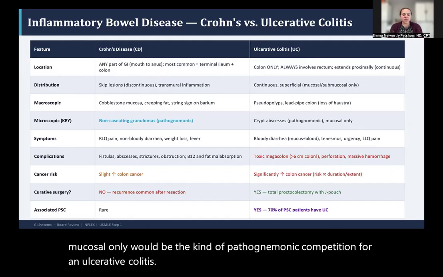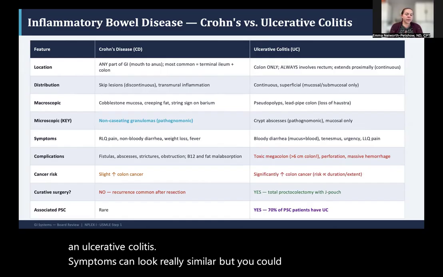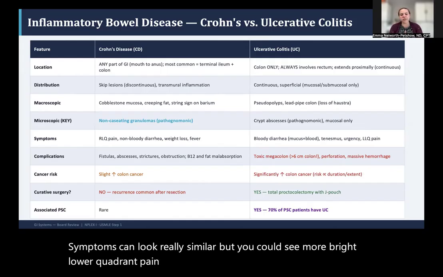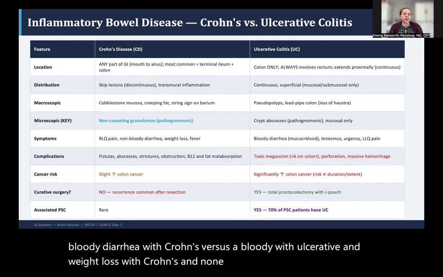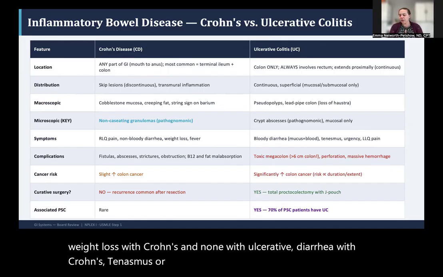Symptoms can look really similar, but you could see more right lower quadrant pain with Crohn's versus left with ulcerative, non-bloody diarrhea with Crohn's versus bloody with ulcerative, and weight loss with Crohn's and none with ulcerative, and tenesmus or urgency with ulcerative.